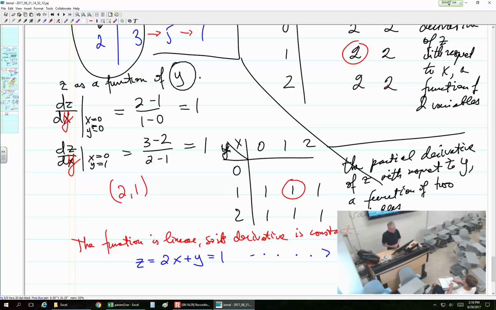Instead, how do we do it using techniques of calculus 1 to end up with 2 and 1? These are the partial derivatives. We certainly recognize them as the coefficients of the two variables. The first one with respect to x is 2, and you can see 2 here. With respect to y, you see 1 over there. So it is the coefficients of x and y.